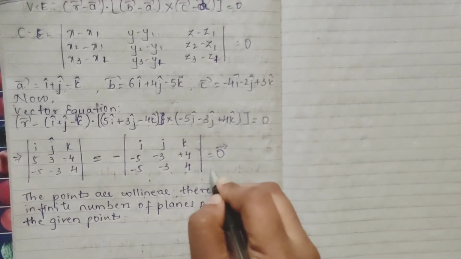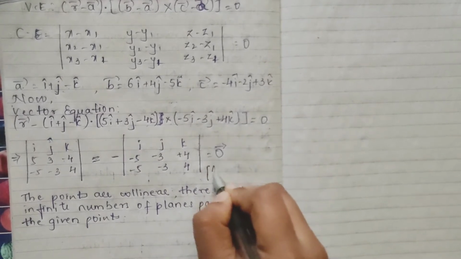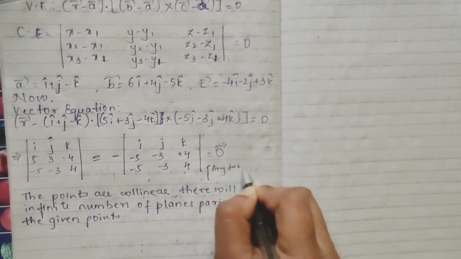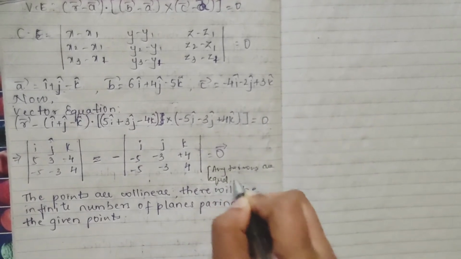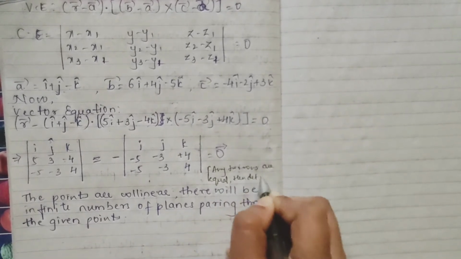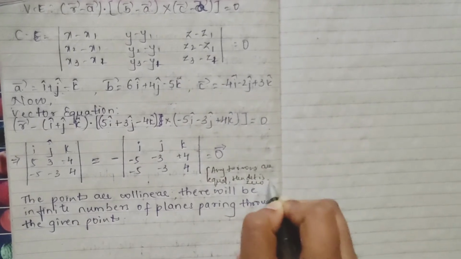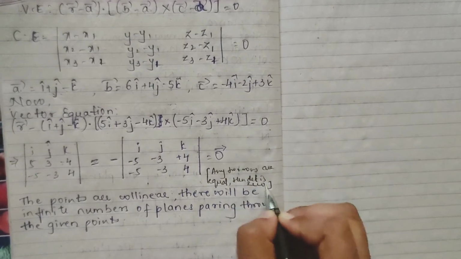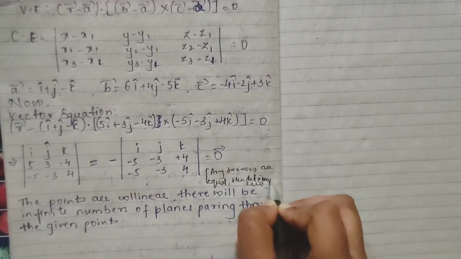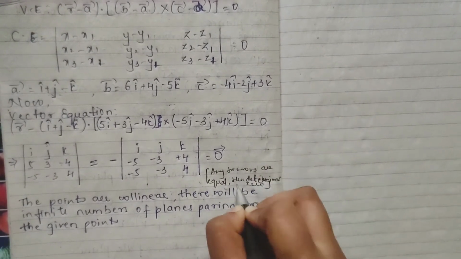If you want, here you can write by property: if any two rows are equal, then determinant is 0. Hope you can see. It is the determinant, okay? I don't have space, so I have written it short, I'll write it fully. Determinant is 0.